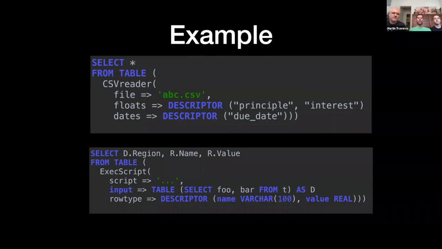There are others that can act as set functions, like, for example, you can simulate an aggregation with that. There are functions that can take multiple tables as input, and then internally they can do whatever type of join they want. So you can simulate a join with that, or you may have some more complex algorithm that is not possible to represent in one of the join types in SQL.